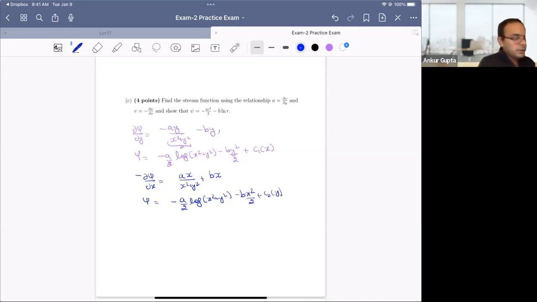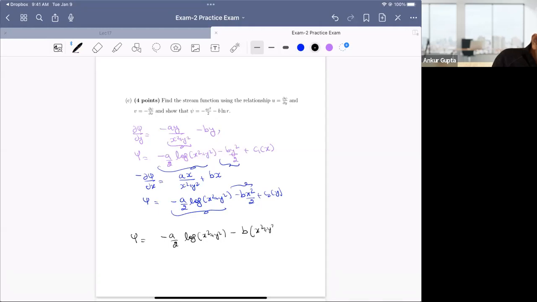All right. And basically this part is common, but this part is not, but this is only a function of y and this is only a function of x. And I'm allowed to add a constant, so I can simply add the two sides, make these functions a common one, which is minus a by 2 log of (x square plus y square) minus b of (x square plus y square) by 2.